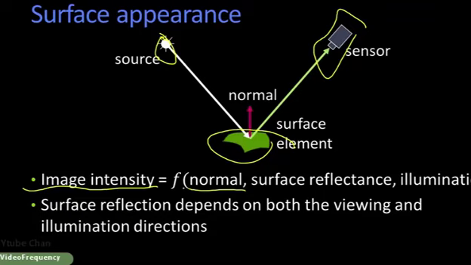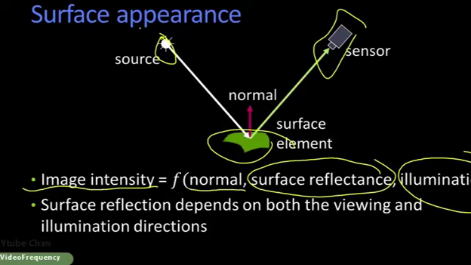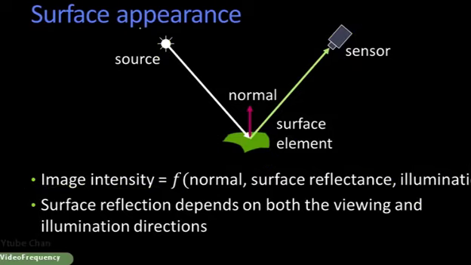Then there is the surface reflectance, that is, what are the properties of the surface that affect the light? And then there is the illumination, that is both the direction and the type of light that's coming in, its intensity, maybe its wavelengths, and those kinds of things. And the amount of reflection that will be observed is a function of both the incoming direction and the outgoing direction and its relationship to the surface. And we're going to make that a little bit more formal going forward.